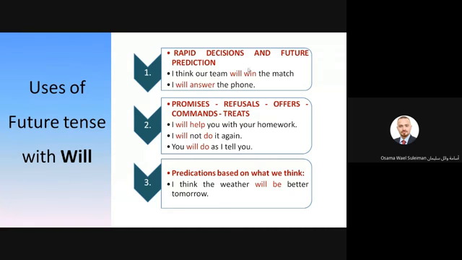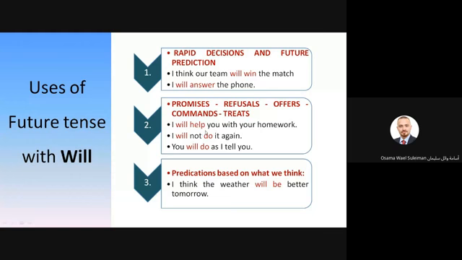The promises هي الوعود نعرف. refusals الرفض. offers هي العرض، تعرض خدمات معينة لشخص معين أو شيء معين. commands هي الأوامر. the threats التهديدات. هاي نستخدم معاها future tense with will.